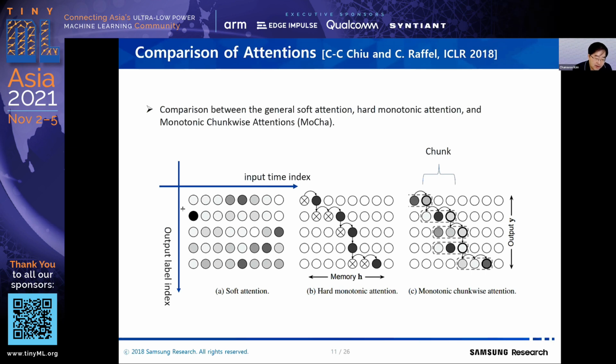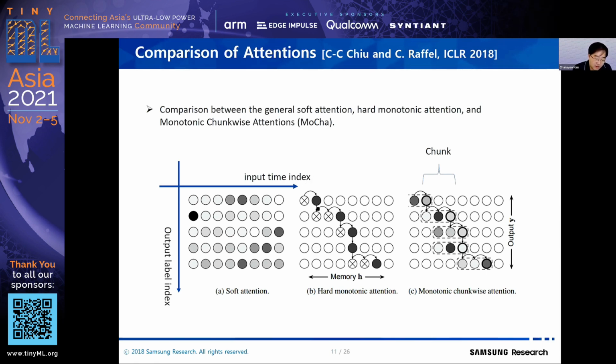In machine translation, when we translate a sentence in one language to another language, the word order in different languages might be different. So there's no guarantee that the attending point will increase monotonically. But for speech recognition, as we speak, the output label always proceeds. So that's the motivation of the monotonic attention.